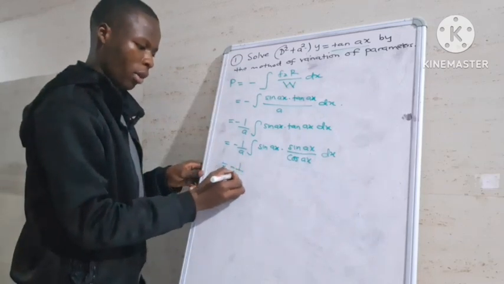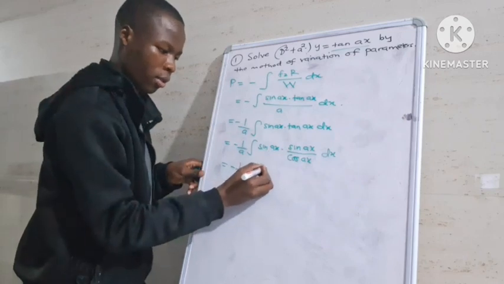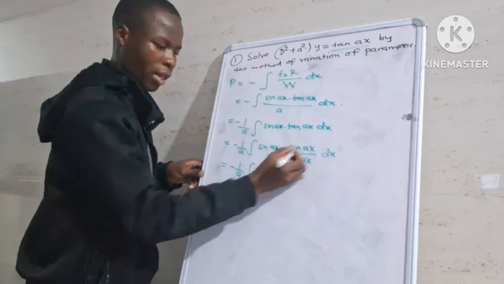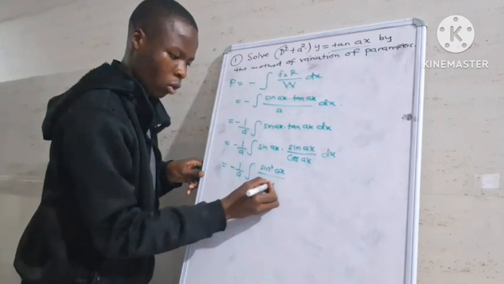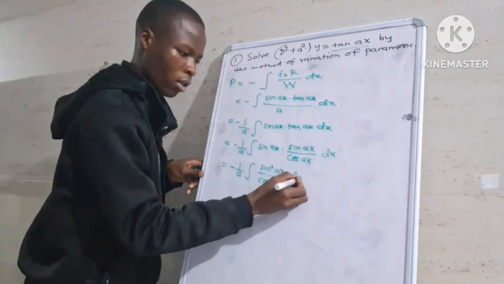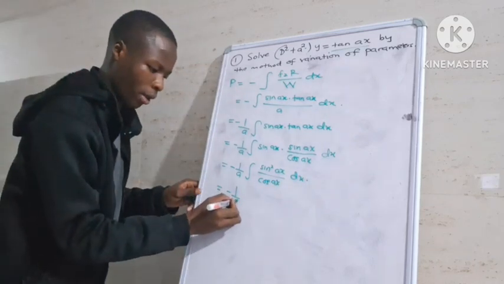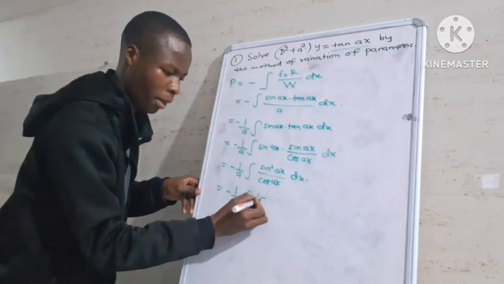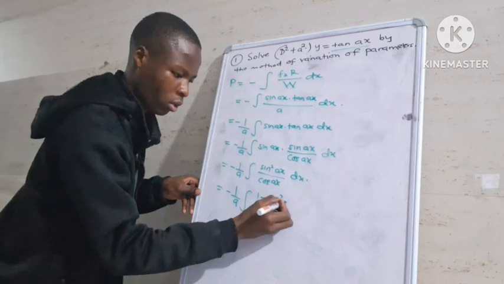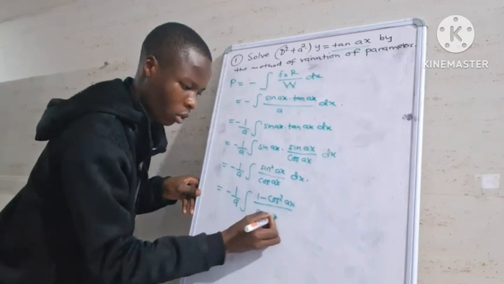This is negative 1 by a, the integral of sin ax times sin ax, that is sin squared ax over cos ax, dx. Sin squared ax is 1 minus cos squared ax, divided by cos ax.